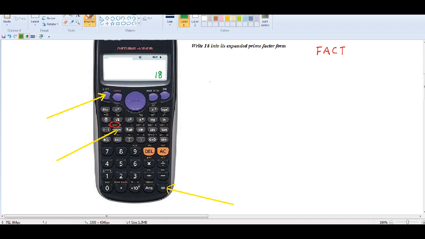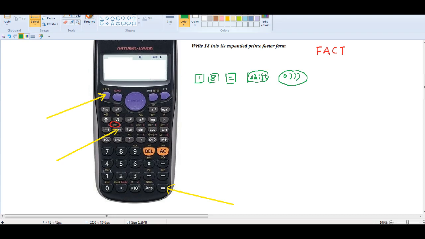Let's write the whole process. You put 18, press the equal sign, then you press shift, and then you press this one. Then what are you going to see?